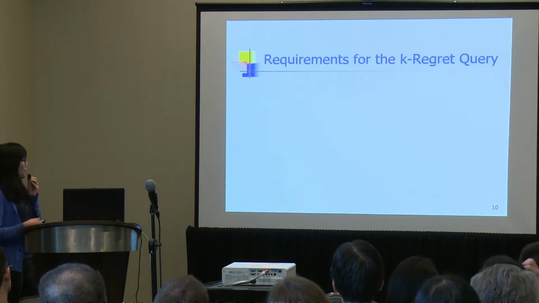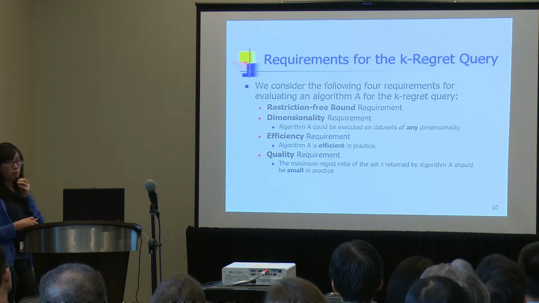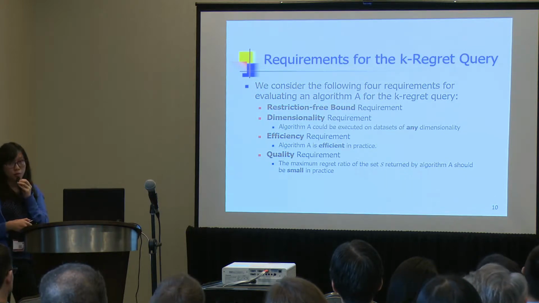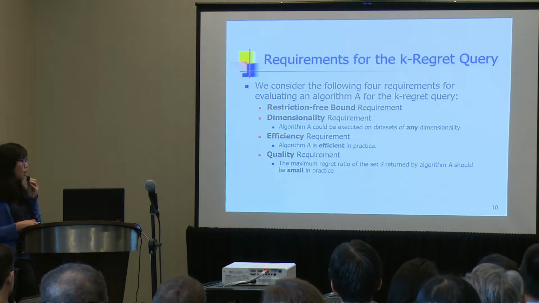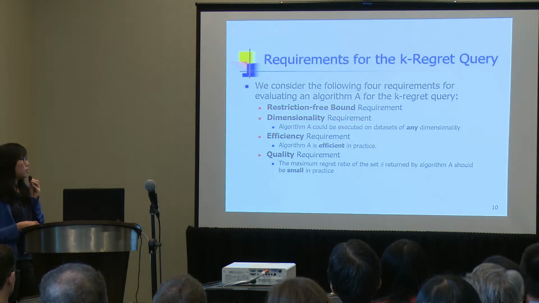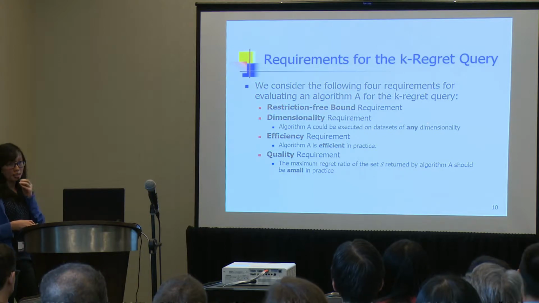Motivated by this, we consider four requirements for evaluating an algorithm for the K-regret query. Firstly, the restriction-free bound requirement. I will talk more about it later. The dimensionality requirement is intuitively that the algorithm should be executable on datasets of any dimensionality.